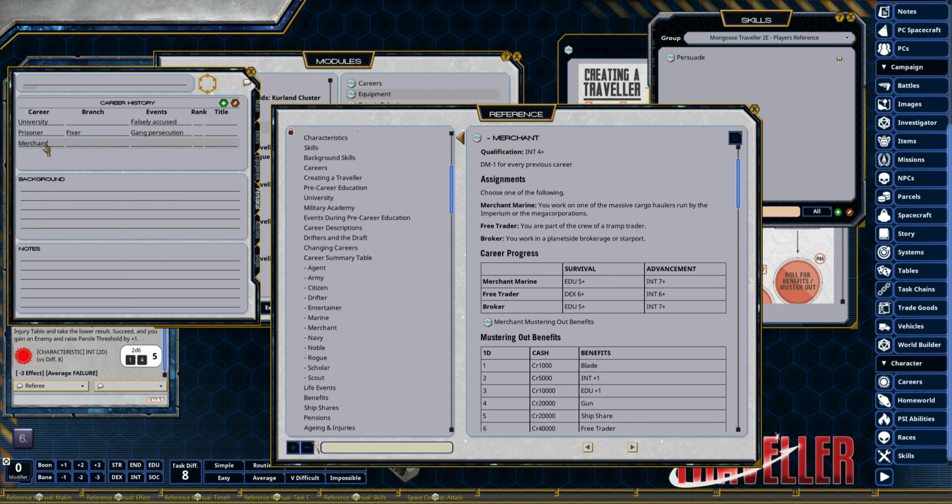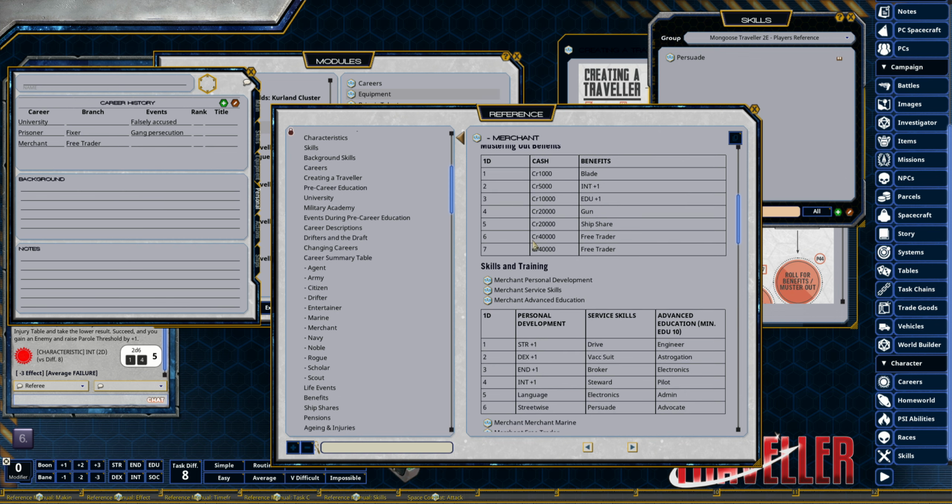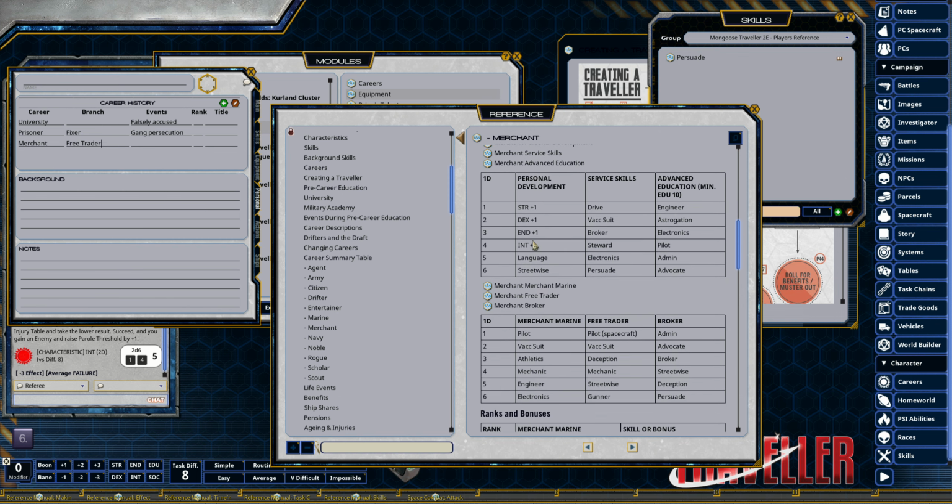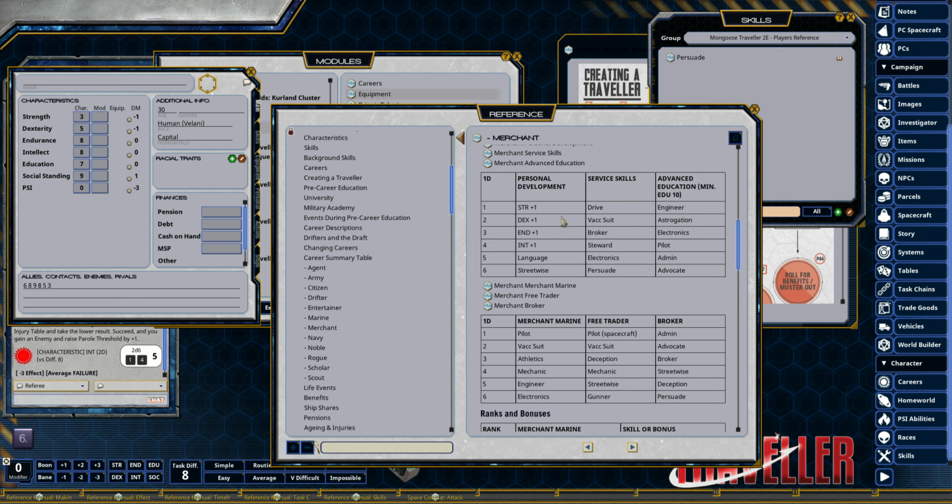And I'm going to go ahead and take free trader, because that'll be useful, right? So now I get a skill. Because this is not my first career, I do not get all of the service skills.